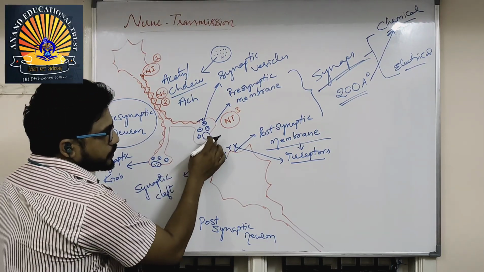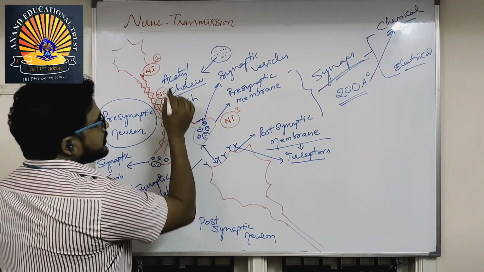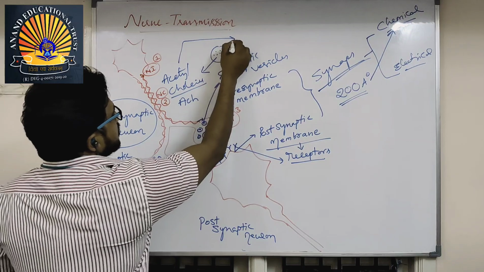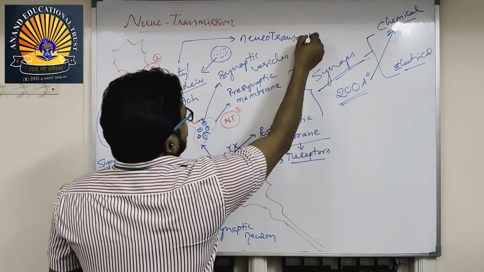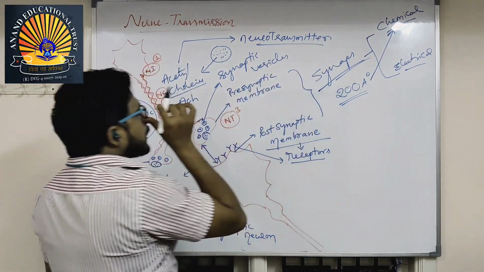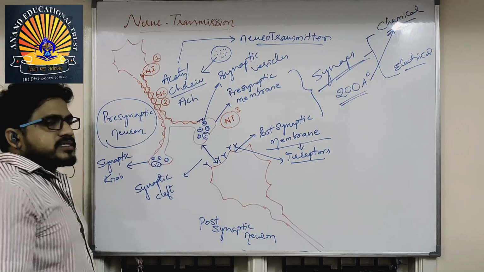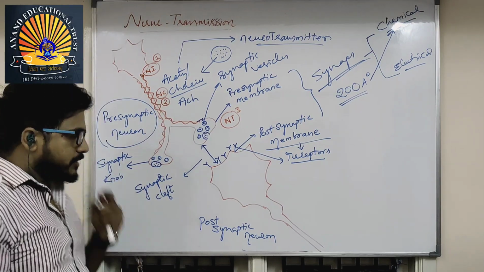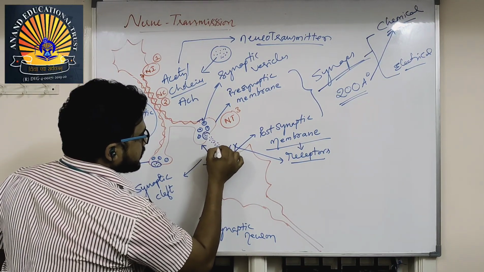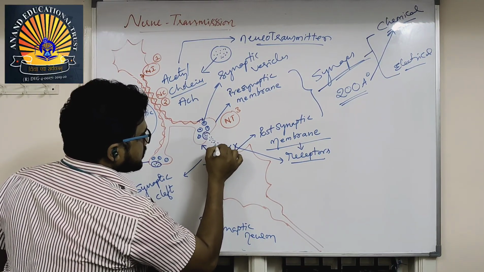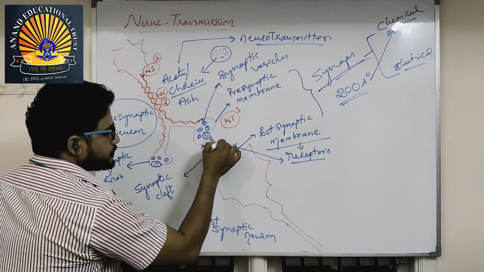Once they come out, due to gradient pressure, they rupture and the acetylcholine, which is called a neurotransmitter, is released. A neurotransmitter is a chemical which helps in neurotransmission. Example: acetylcholine, and there are many more. The chemical spreads towards the receptor and forms a particular bridge.